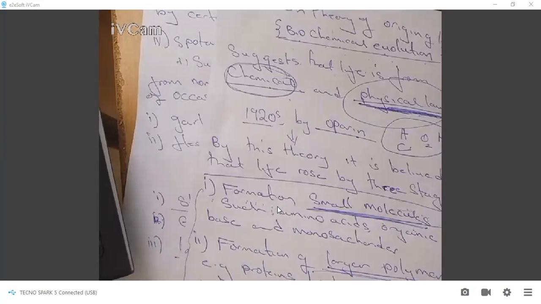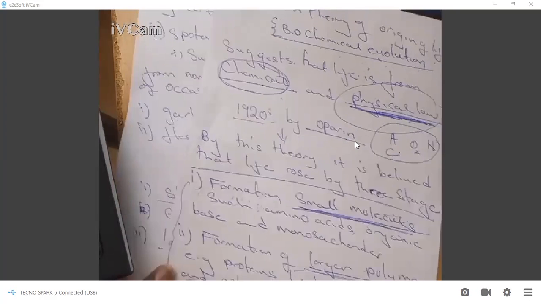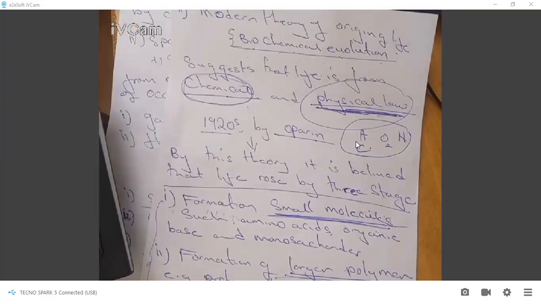Biochemical evolution suggests that life arose from simple molecules, which came together to form organisms as a result of changes in environmental conditions. We shall look at it. That's what we call biochemical evolution. Hope you have picked something little about biochemical evolution.